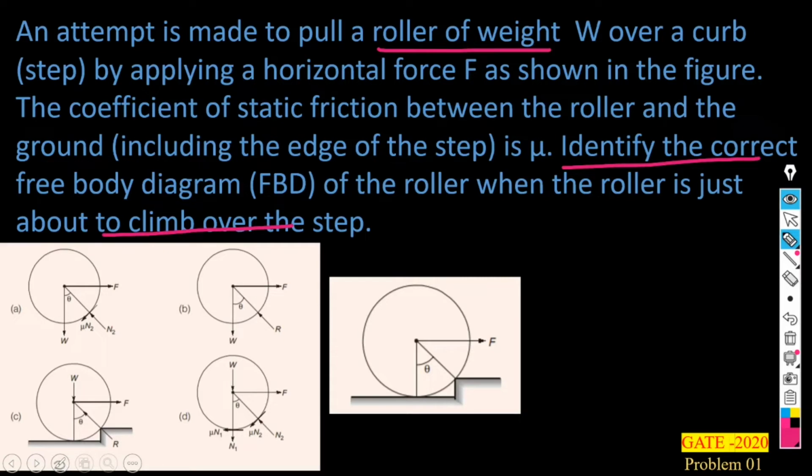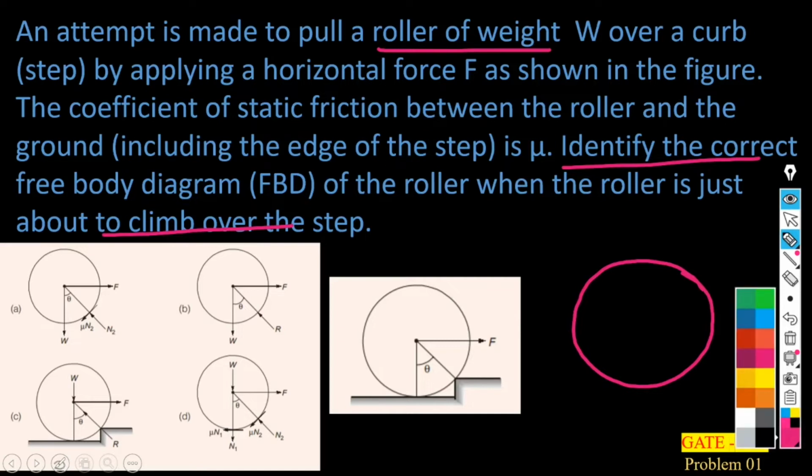Let me draw the free body diagram for the roller. In this case, when the roller is just about to climb over the step. What I mean to say, when the roller is just climbing over the step, it loses the contact with the horizontal surface. Let me draw the free body diagram.